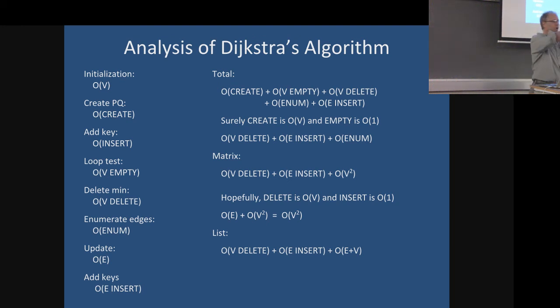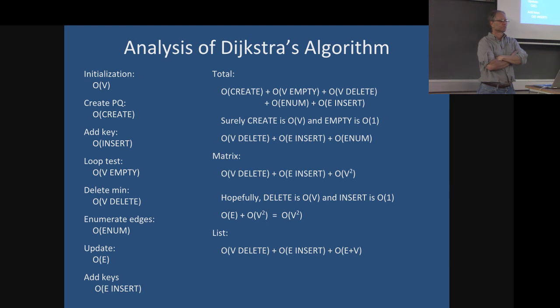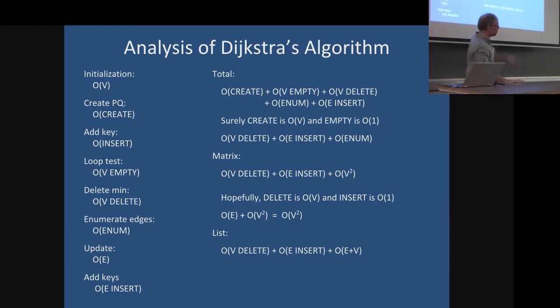We want to keep the total complexity to a minimum. Is it better to have delete be cheaper than insert? Keep in mind that with adjacency list, you're typically dealing with sparse graphs.